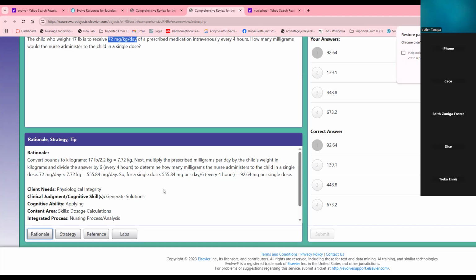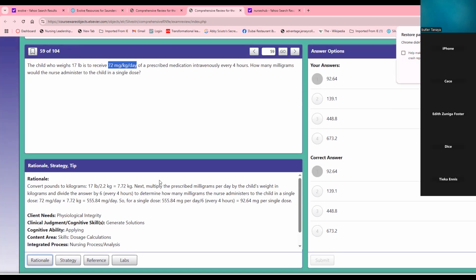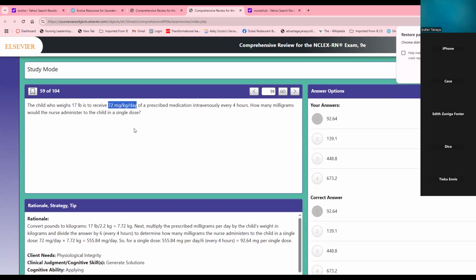Now, if I wanted you to round it after the weight, I would put that in the question. I wouldn't expect you to know that. But I think what whoever did this question did was take the 7.72 times that dose of 72. That's how they do it. And they got 555, okay? So they rounded it after the weight.